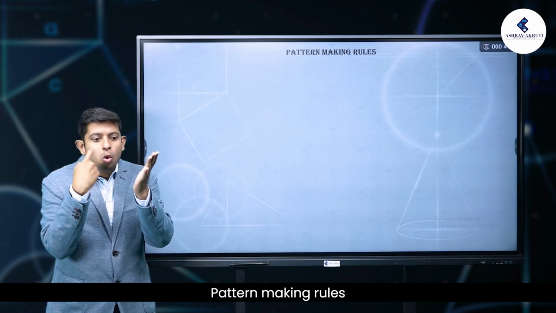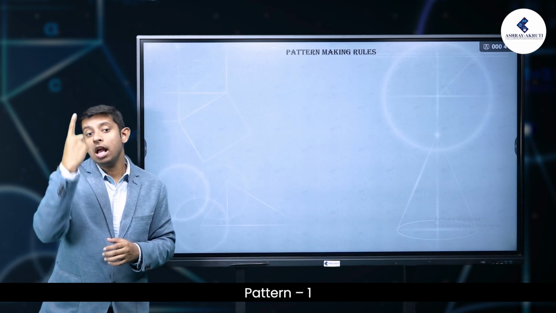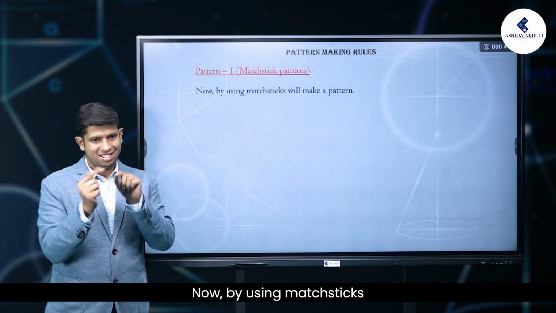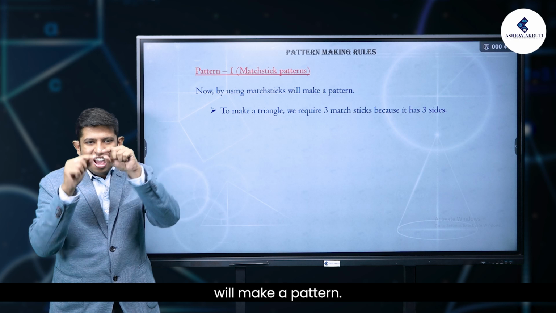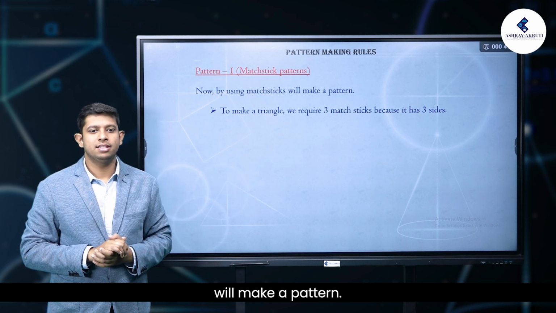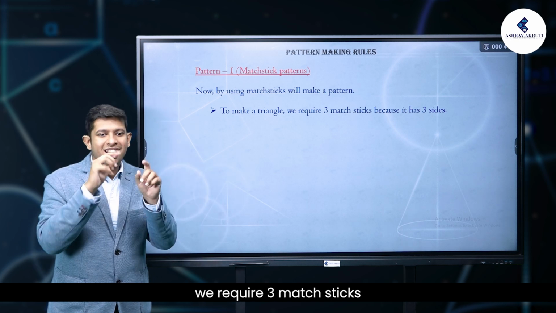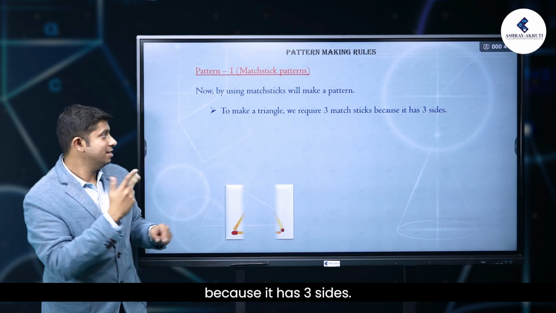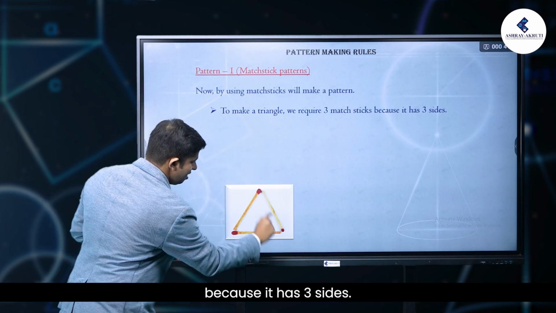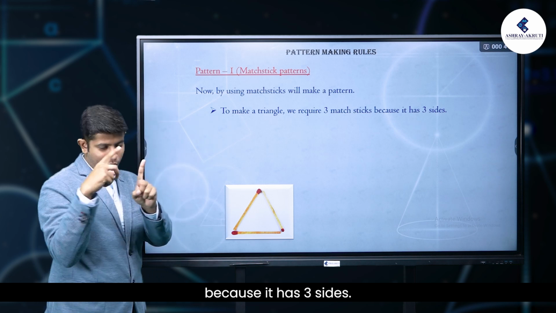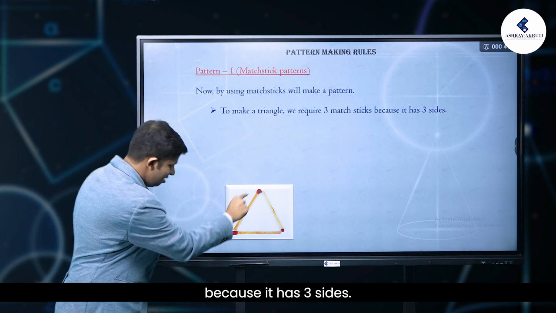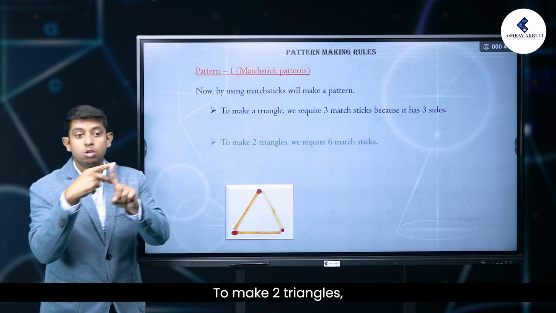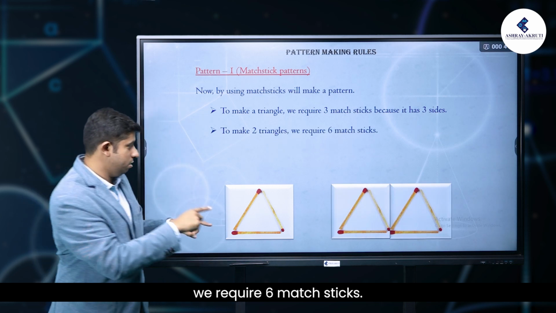Pattern making rules. Pattern 1. Matchstick patterns. Now, by using matchsticks, we'll make a pattern. To make a triangle, we require 3 matchsticks because it has 3 sides. To make 2 triangles, we require 6 matchsticks.